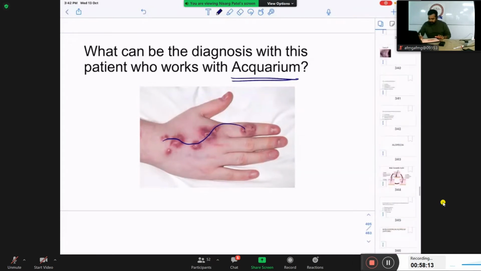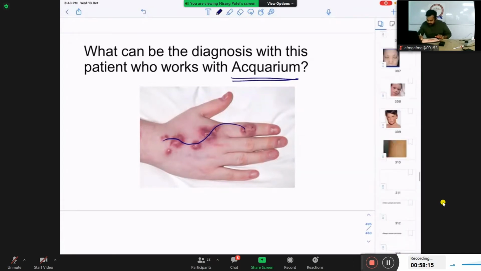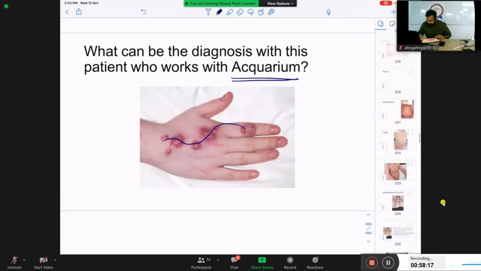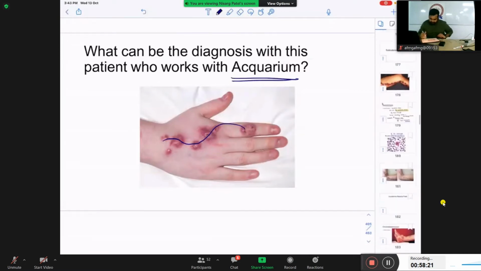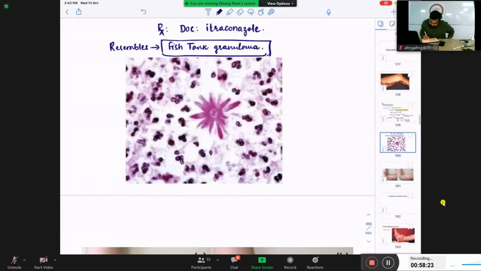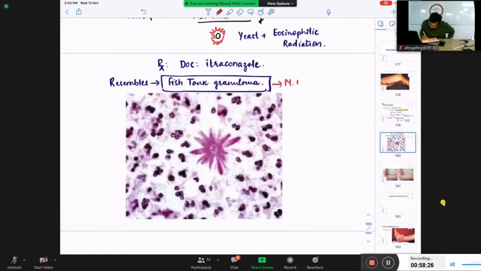Mycobacterium marinum. It is caused by Mycobacterium marinum. And the drug of choice, most of the students make a mistake.